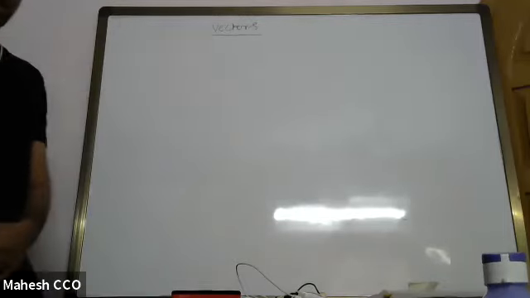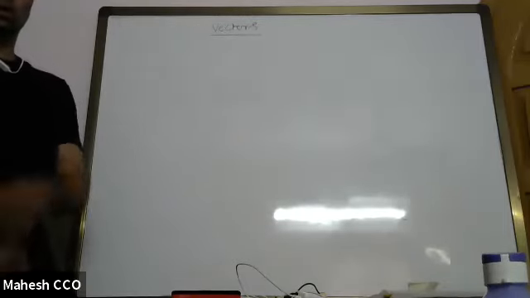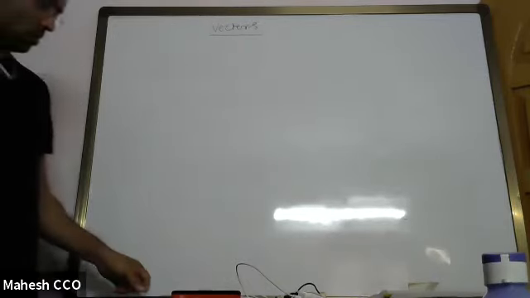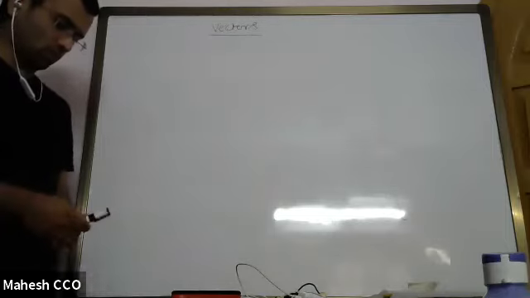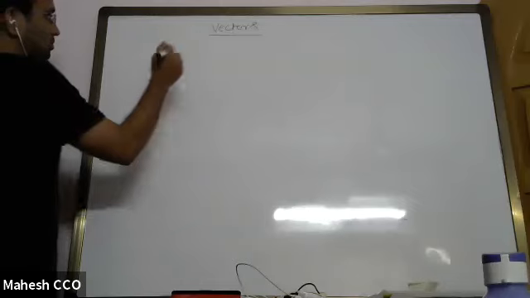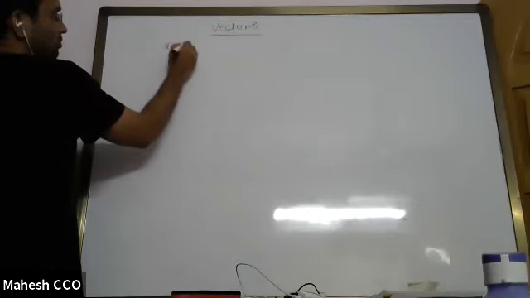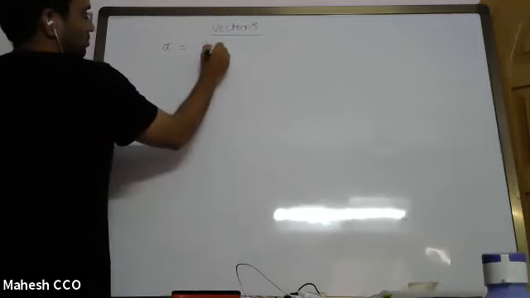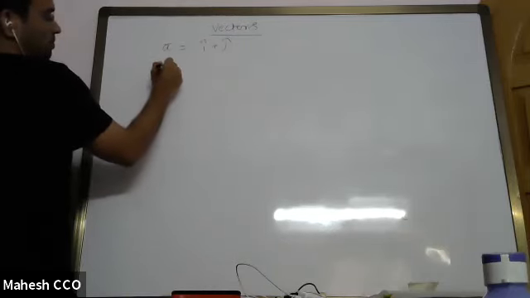So after that, we have to solve more questions. Let us take up another example. A bar is equal to I cap plus J cap.